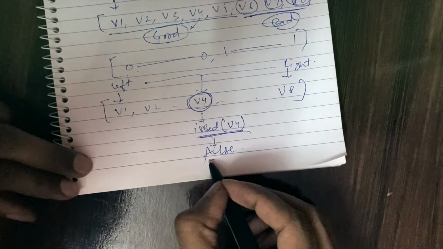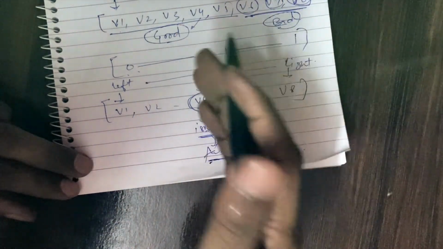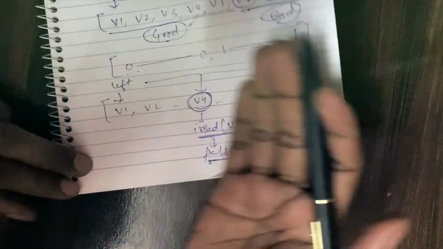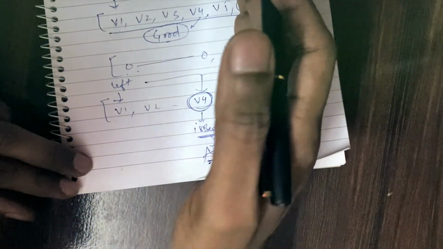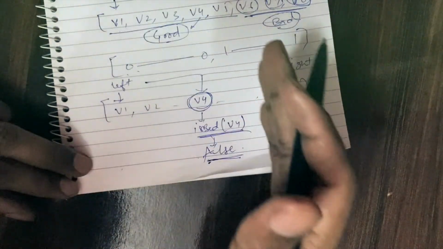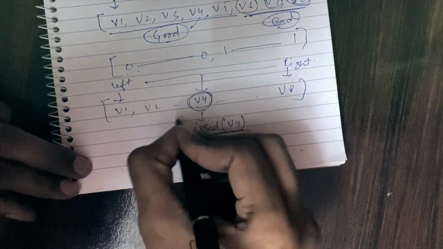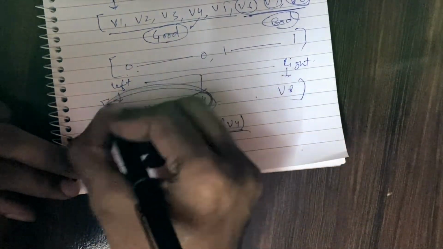So this was a good version, so we have to go to the right, because anything to the left will be good, because it has been clearly segregated. First we have all the good versions, then we have all the bad versions. So it's clear that this part is not useful to us.